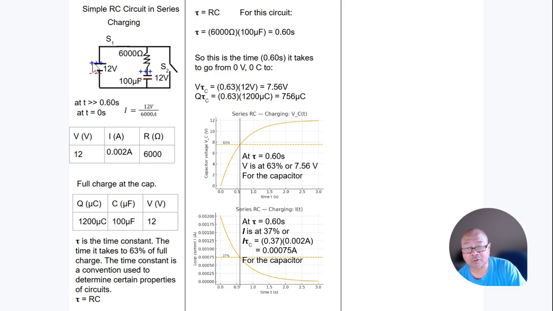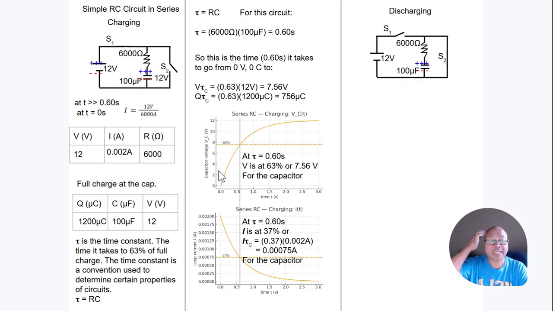And notice this is the positive side of the battery. That will cause positive charges on the same side of this capacitor as that battery and negative charges on the opposite side. Okay. All right, so now let's discharge the circuit.